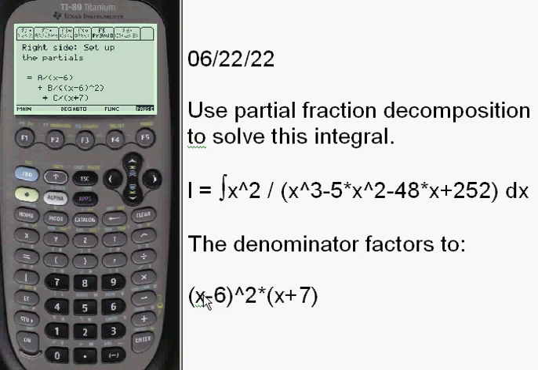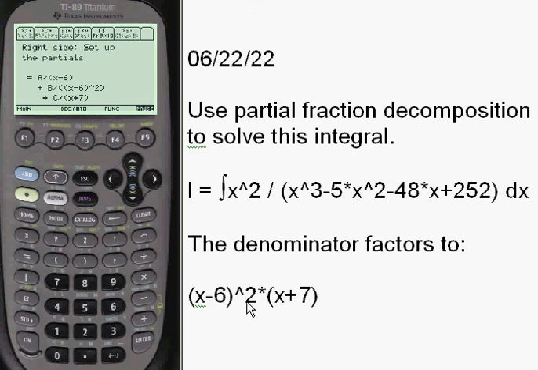Notice that x minus 6 times x minus 6 is the same thing as x minus 6 squared, right? So every time you see a square here, you're going to put A and B in here, right? And the A is going to be over x minus 6 and the B is going to be over x minus 6 squared. So just remember that.